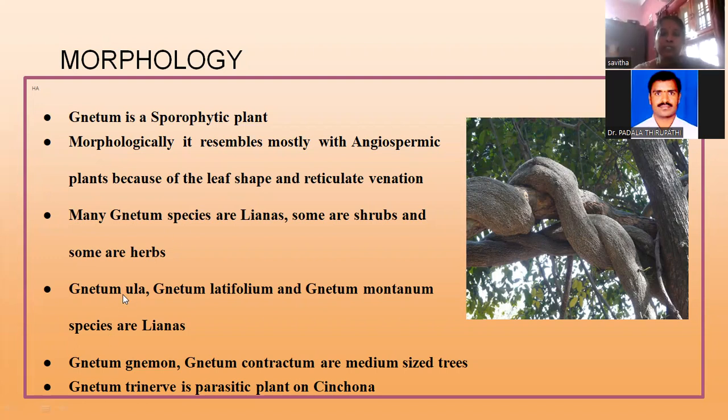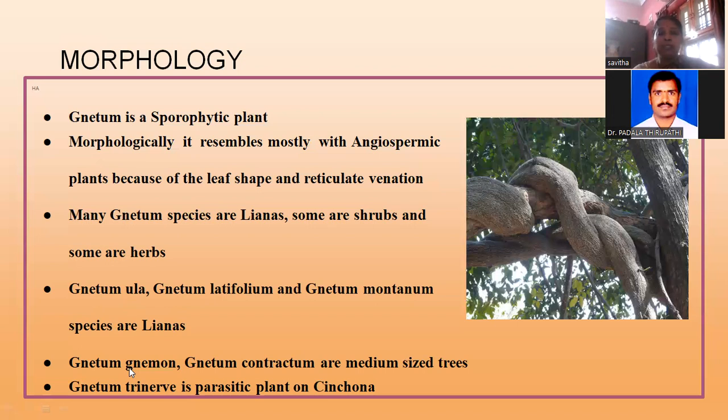When you come to the examples, Gnetum ula, Gnetum latifolium, Gnetum montanum, and Gnetum africanum are the lianas. And Gnetum gnemon and Gnetum contractum are medium-sized trees.